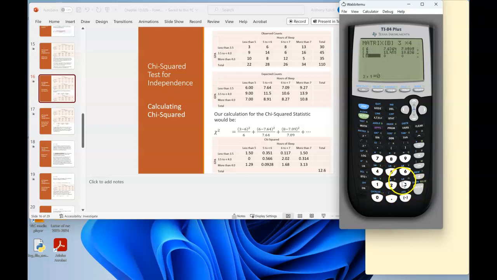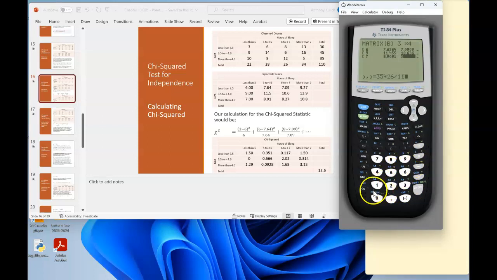Oh, last row, thank goodness. 35 times 22 divided by 110. 35 times 28 divided by 110. 35 times 26 divided by 110. And then my last one, 35 times 34 divided by 110. Woo! That was a workout.